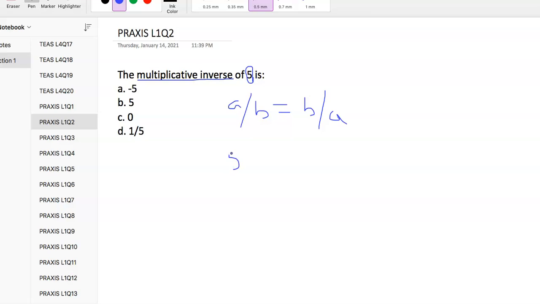But 5 is the same as 5 over 1. So 5 over 1 is the number we're looking at, and 5 over 1 equals 1 over 5. The multiplicative inverse of 5 is 1/5. A pretty simple concept. You're just doing the inverse.